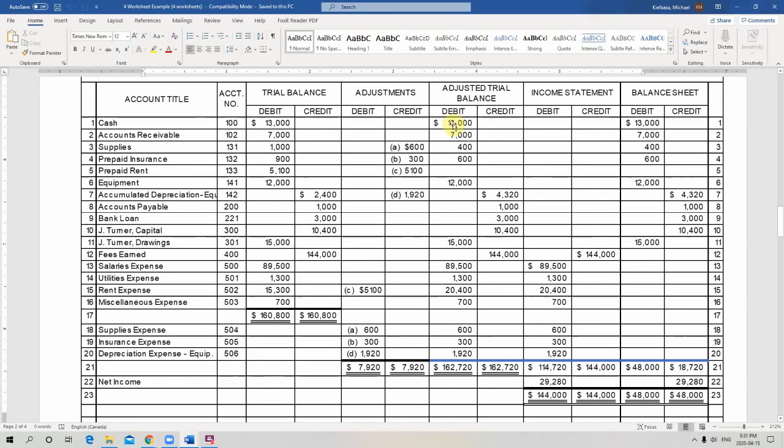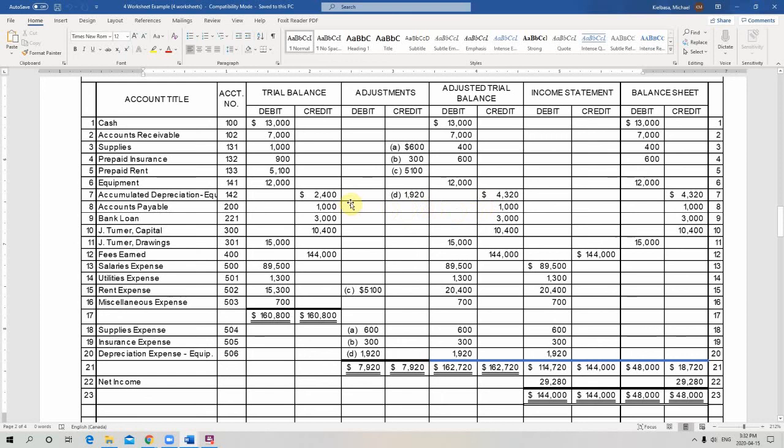We're just going to do them in order. So cash goes on the balance sheet. Accounts receivable to the balance sheet. Supplies to the balance sheet. Prepaid insurance. Equipment.